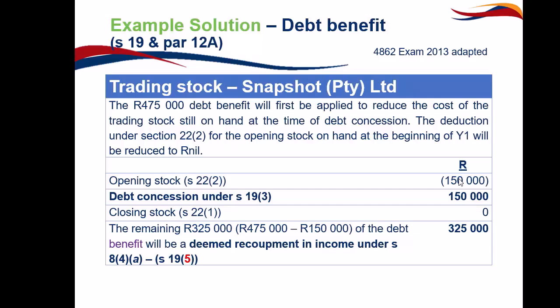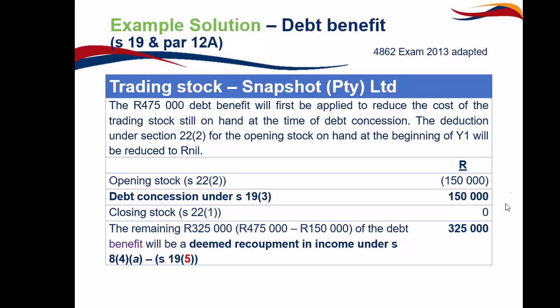We were told that the stock is still on hand at the end of year of assessment, okay? But we are not going to have to add back in terms of Section 22.1, that 150,000 worth of stock that is on hand at the end of the year. Why? Because the cost of that stock is sitting at 0. Why is it sitting at 0? Because we've reduced the cost of that stock with the debt benefit of 150,000.